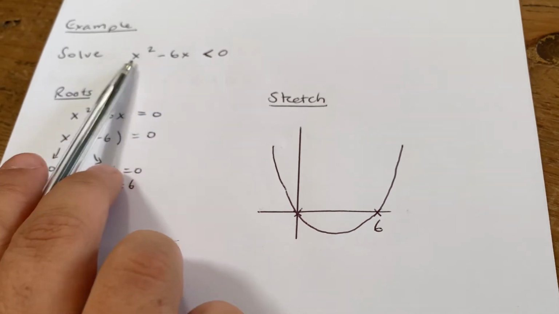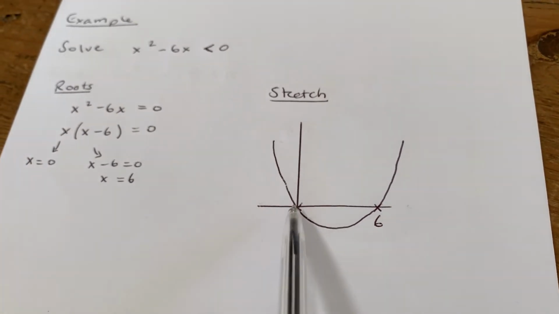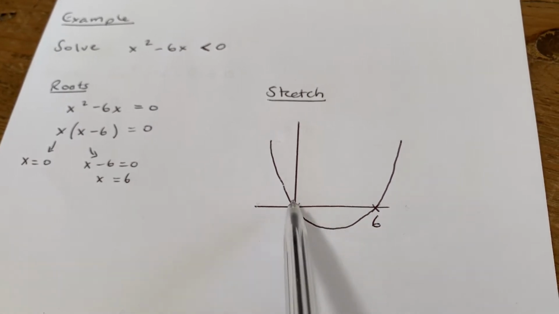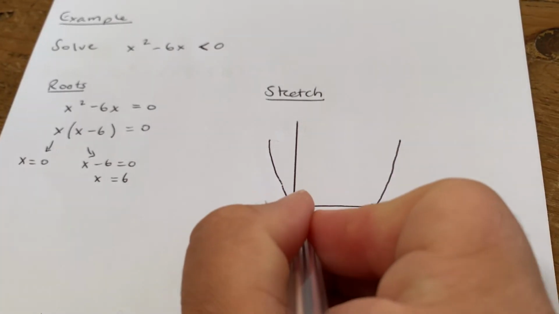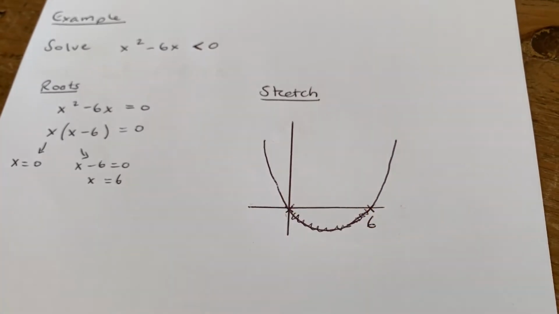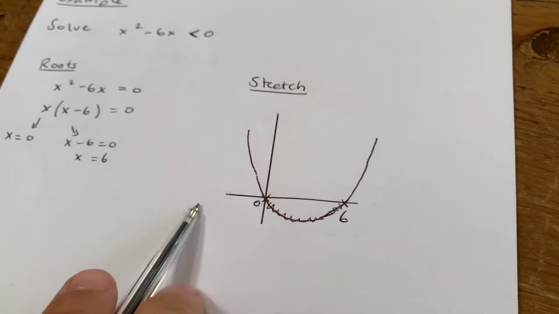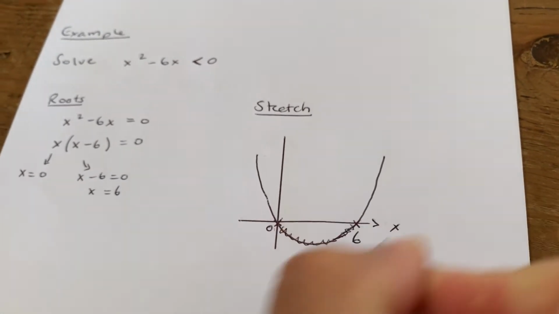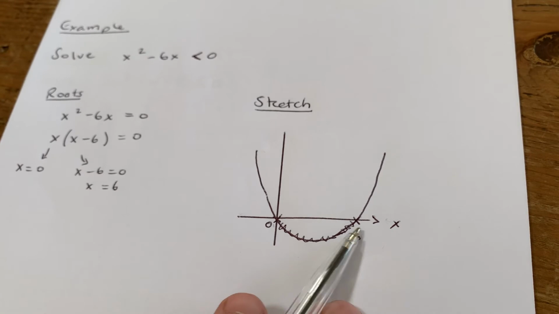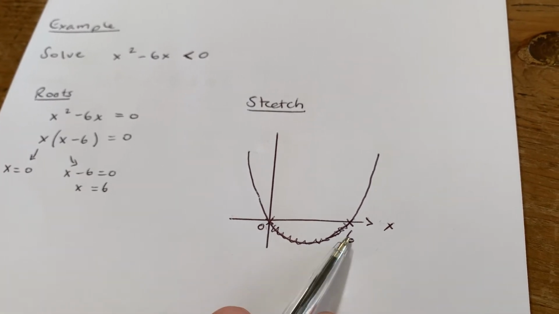I want to know, when is this curve less than 0? It is less than 0 when it goes below the axis. So it's less than 0 here, in that little section there. And if this is the x-axis, the curve goes below 0 when x is between 0 and 6.